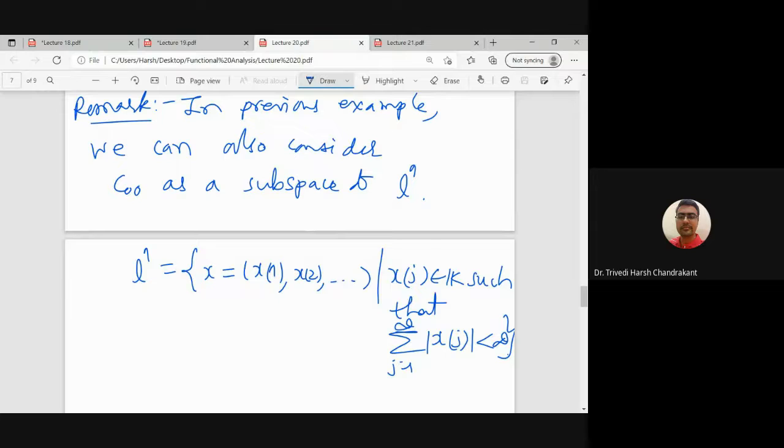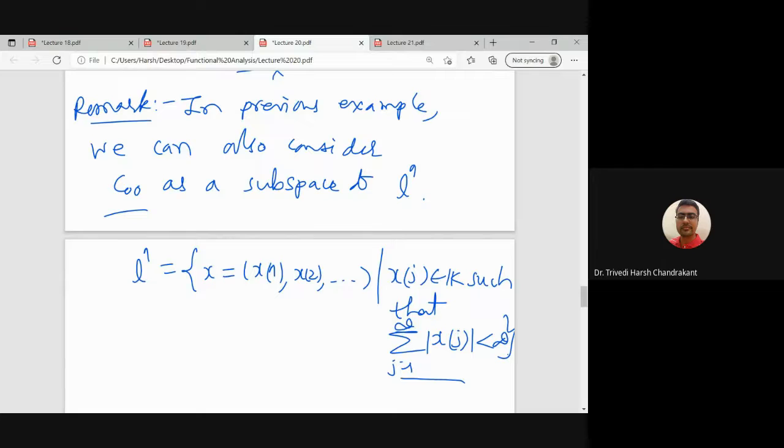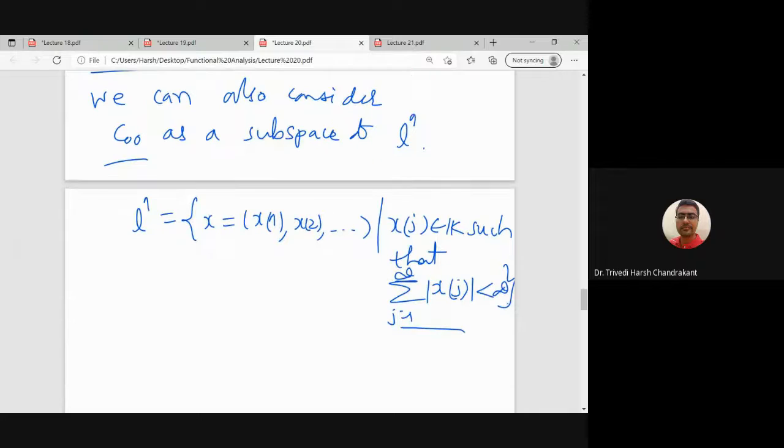What are the elements of C00? They are the sequences which have only finitely many non-zero terms. So again, this is a finite sum, because it has only finitely many xj which are non-zero. So this sum cannot be infinite; it will always be finite. So all the sequences in C00 are elements of L1.